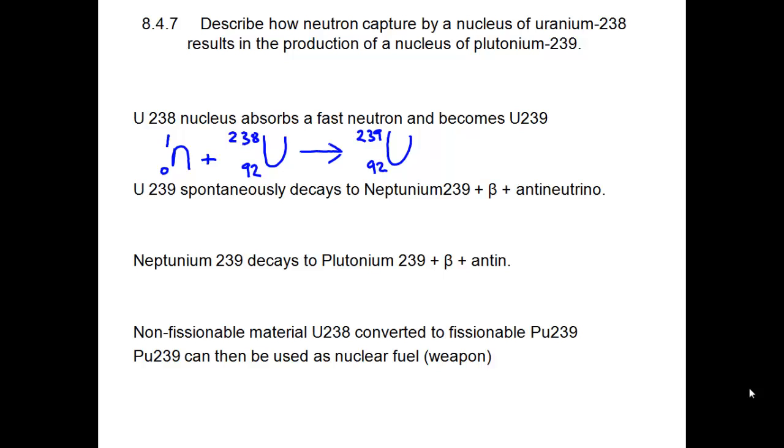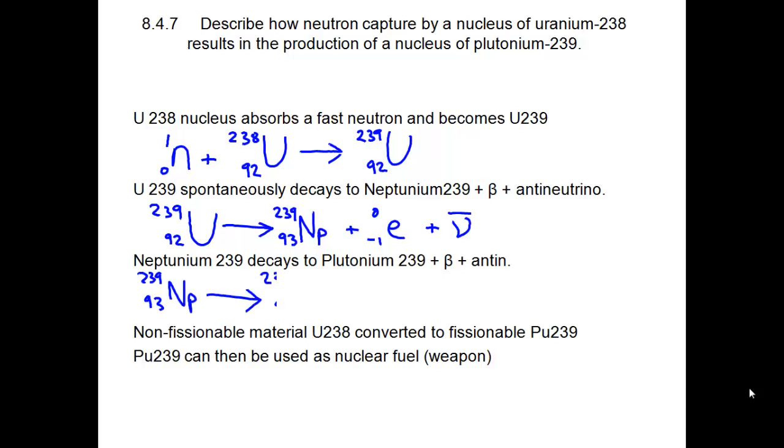So you can draw that now. You can draw the nuclear equation for that. Don't forget the antineutrino. Then this neptunium-239 will decay to plutonium with the same process, producing an antineutrino and a beta particle. So we have plutonium now.